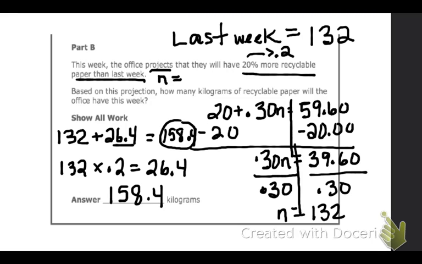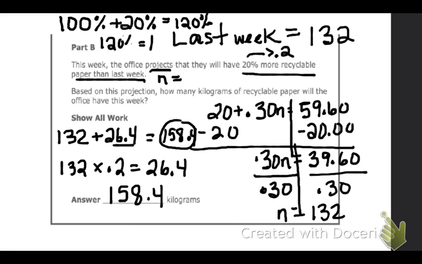If not, I can think about, I had 100% plus 20%. So I'm going to have all the paper I had last week plus 20% more. So I'm actually talking about 120%, which is a great indicator that I'm looking for more paper. Now I take 120%, turn that into a decimal, and I get 1.2.